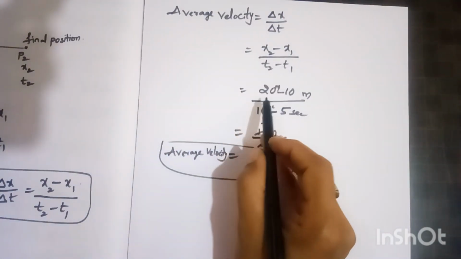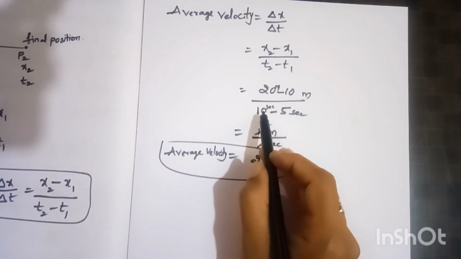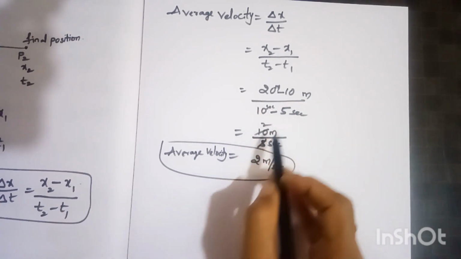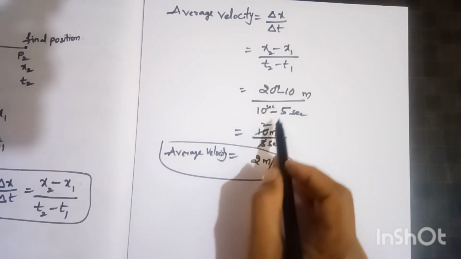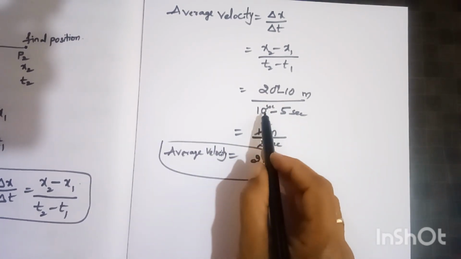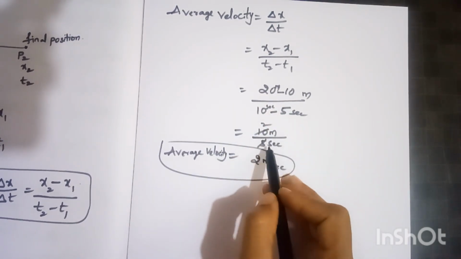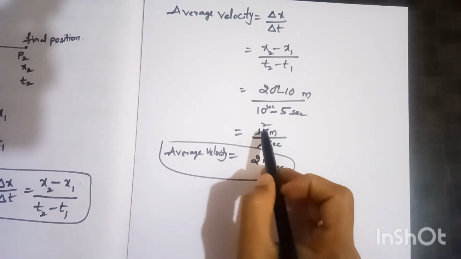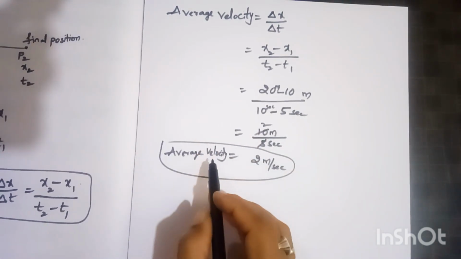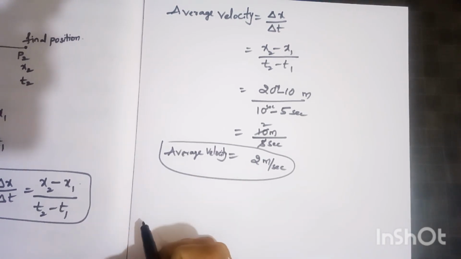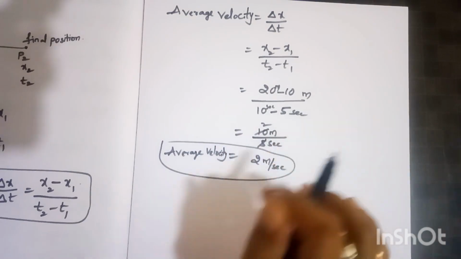So 20 meters minus 10 meters by 10 seconds minus 5 seconds. 20 minus 10 is 10 meters by 10 minus 5, 5 seconds. 5 ones are 5, 5 twos are 10, so 2 meter per second. So the car is traveling with an average velocity of 2 meter per second from A to B.